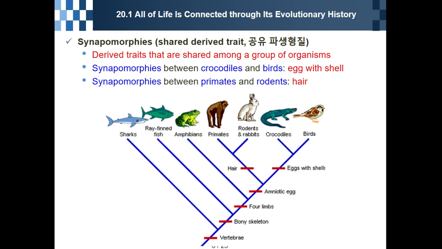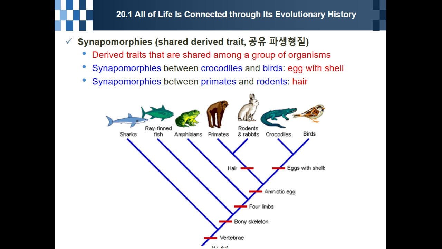Another one is the synapomorphism. So the full name is shared derived trait. In Korean, we call it 공유 파생형질. Okay. So synapomorphism is the derived traits that are shared among a group of organisms.